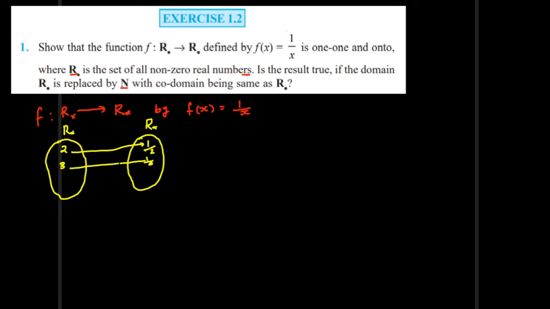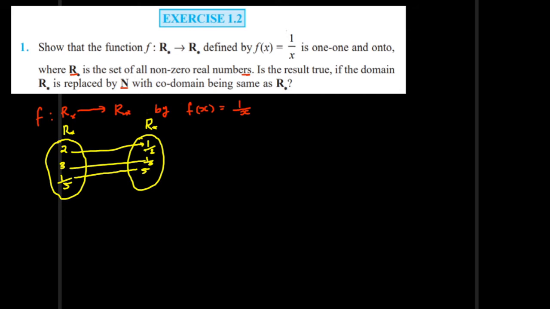Then suppose you take 1 by 5, it is a real number, and this goes to the reciprocal, 5. So every element has a distinct image, so this is one-one.